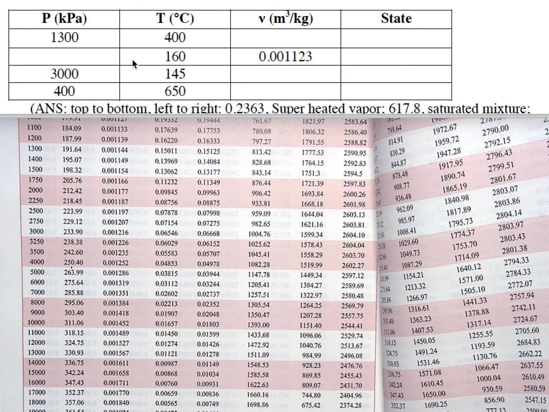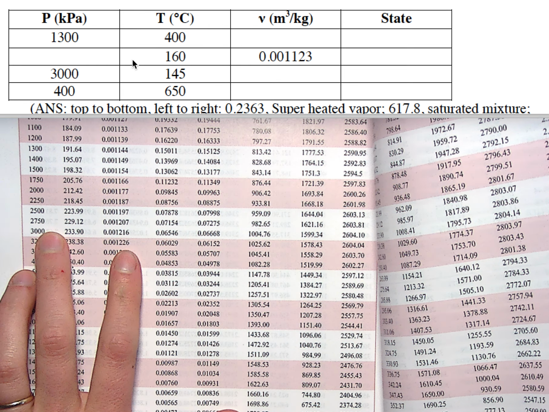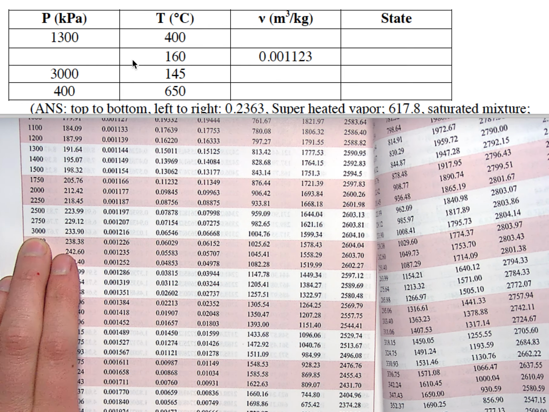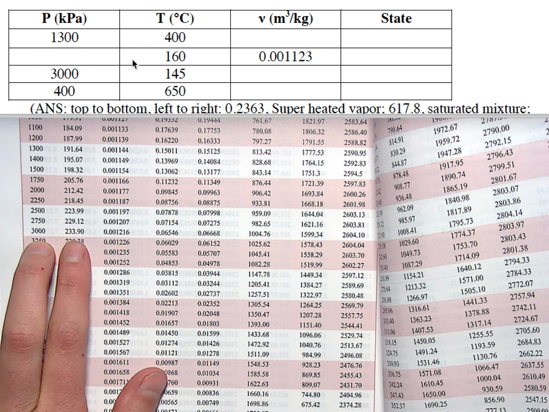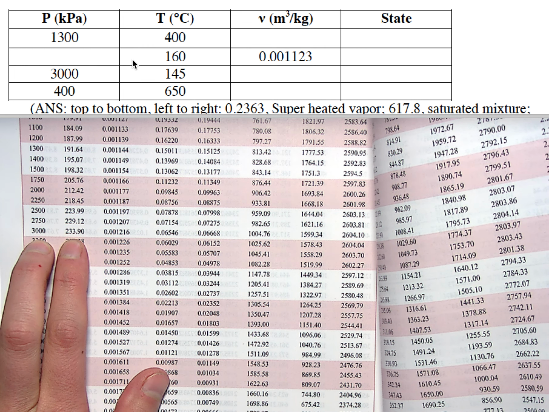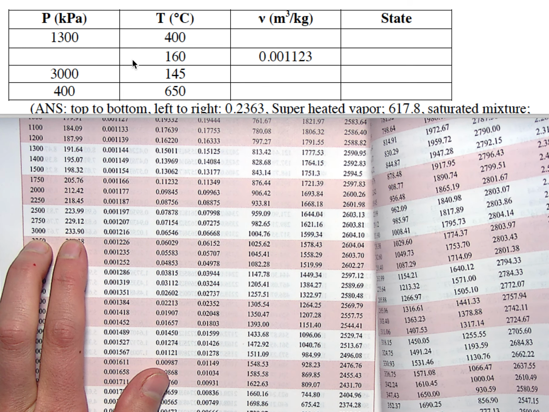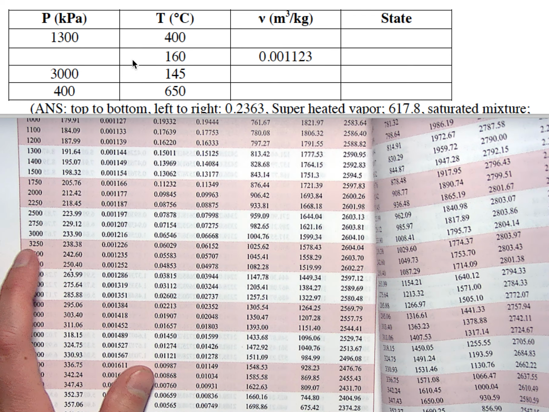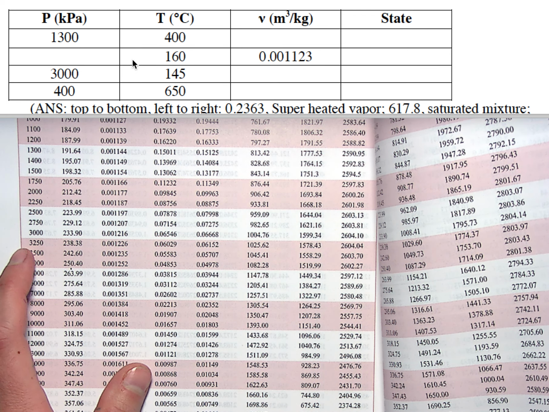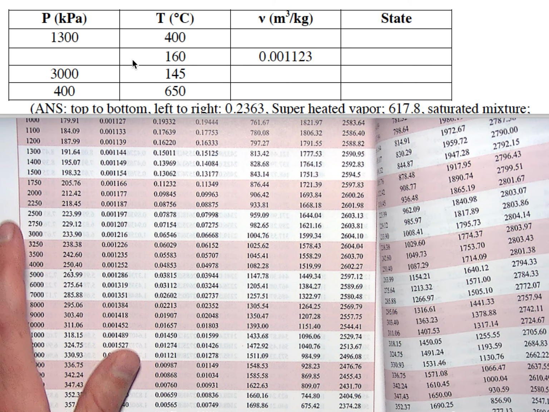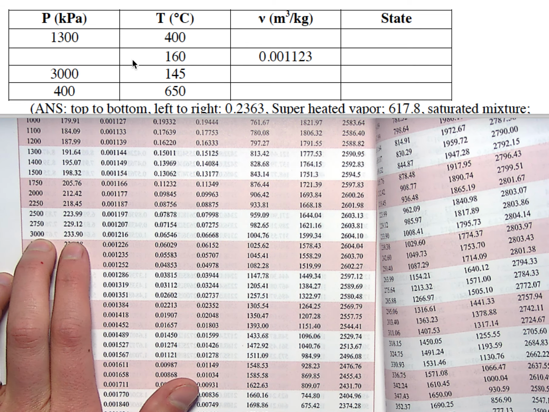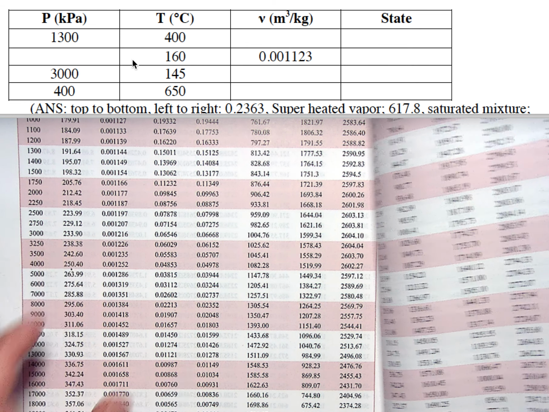So again, I'm starting with the saturation tables, and I'm going to 3,000, and the saturation temperature at 3,000 is 233. Sorry, the temperature is less than the saturation temperature.